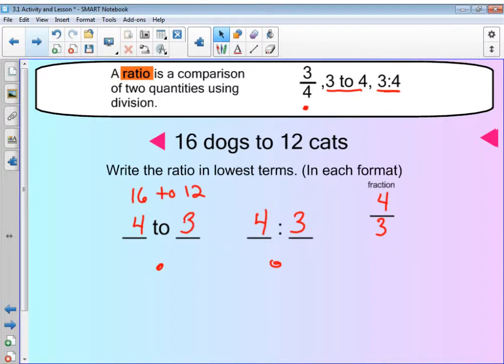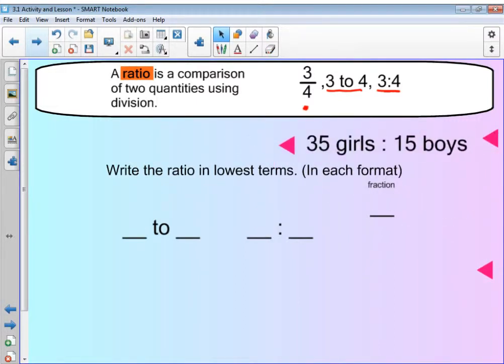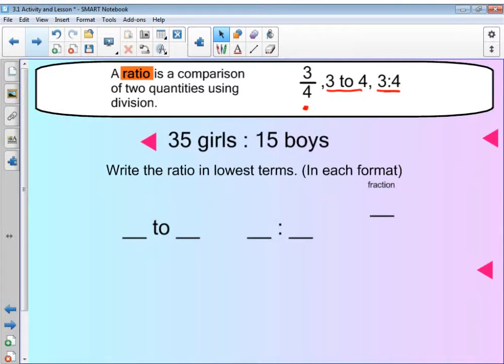Okay, so let's try another one. 35 girls to 15 boys. So girls colon boys. In this case, 5 would go into each of these. 5 goes into 35 7 times and into 15 3 times.